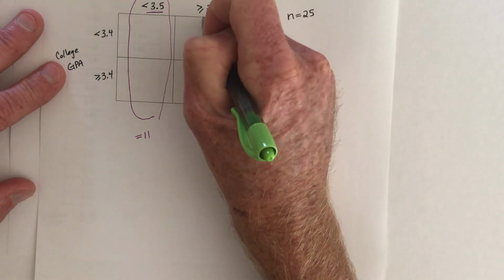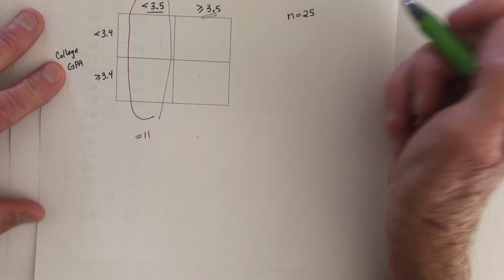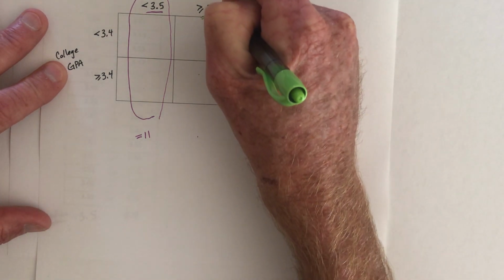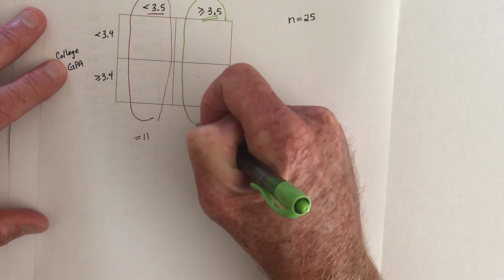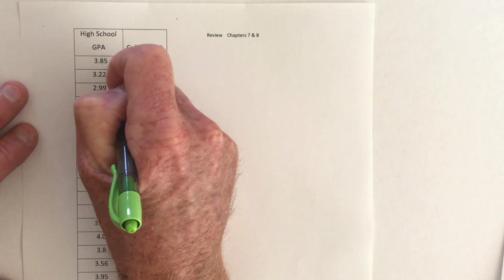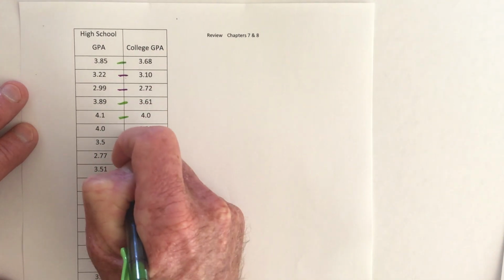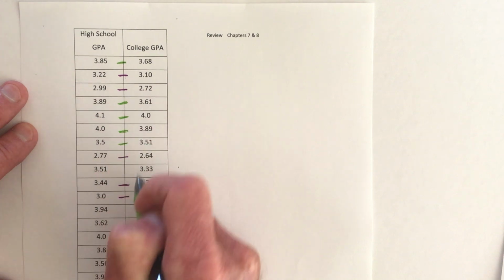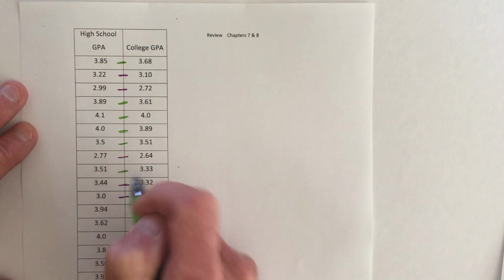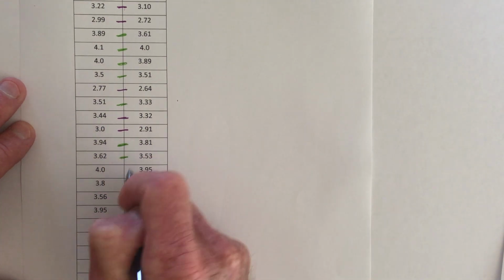Now what I'm going to do is highlight these. If their high school GPA is bigger than or equal to a 3.5, these people are going to be green. I just say it in my head so that I don't forget.